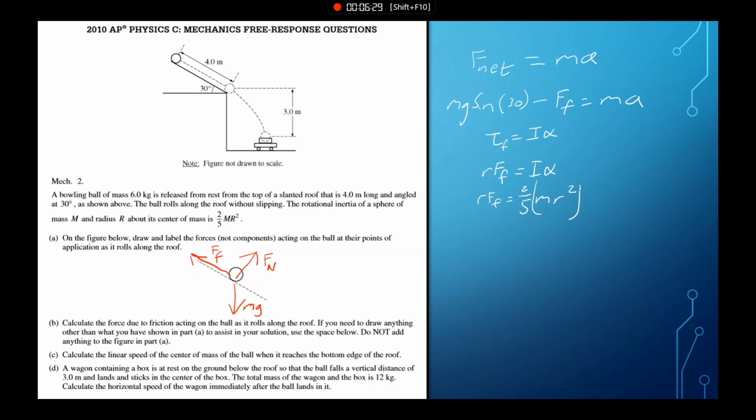And then alpha is A over R. Okay, so we can do that too. So all the R's cancel out. So force of friction is 2/5 MA.